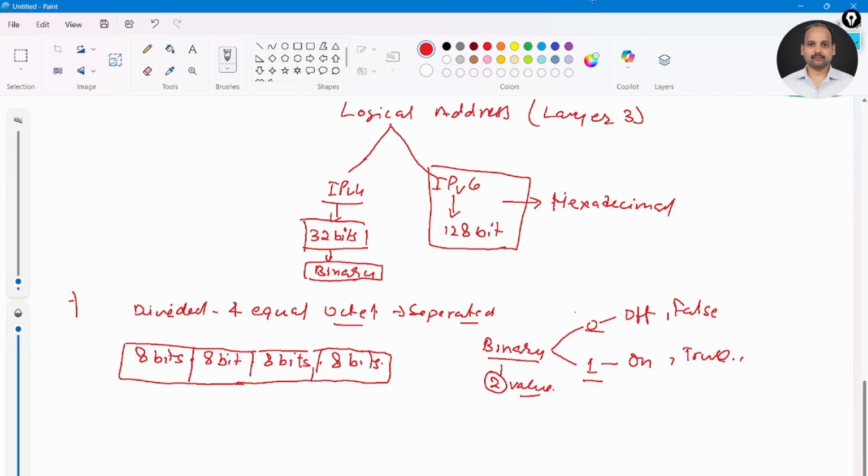It's the first value. You can just say that is the first value and this is the last value.